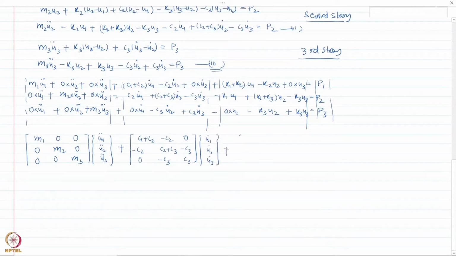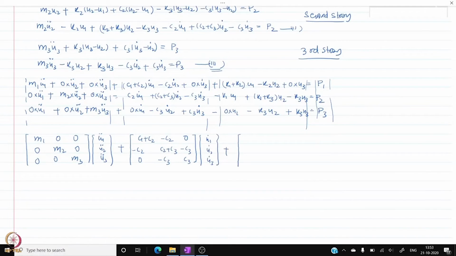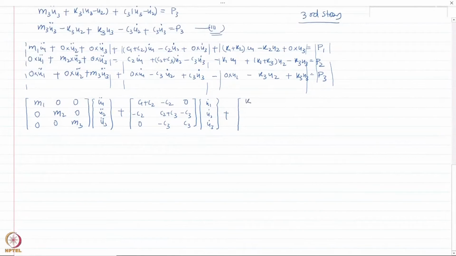Then the stiffness terms can be written as K1 plus K2, minus K2, 0, then minus K2, K2 plus K3, minus K3, 0, minus K3, and K3. This is multiplied by u1, u2, u3, and this is P1, P2, P3.